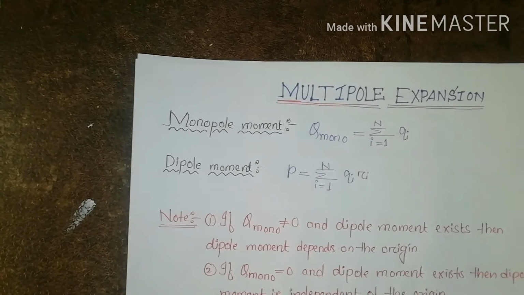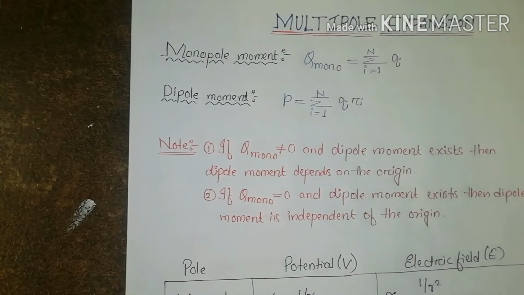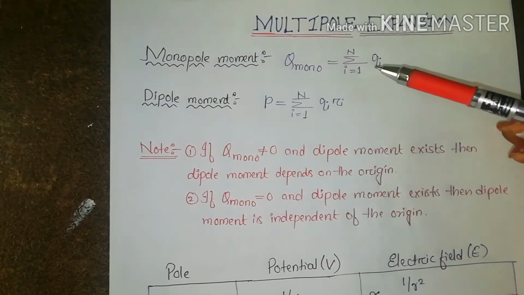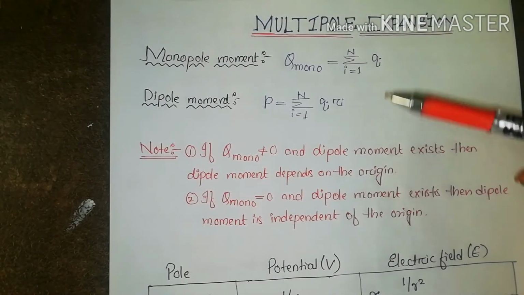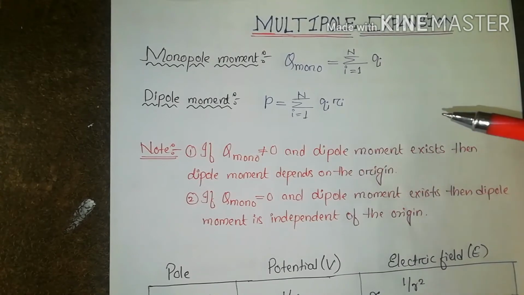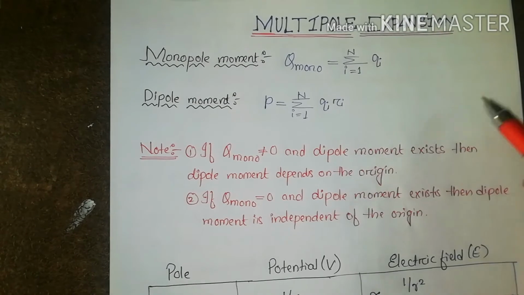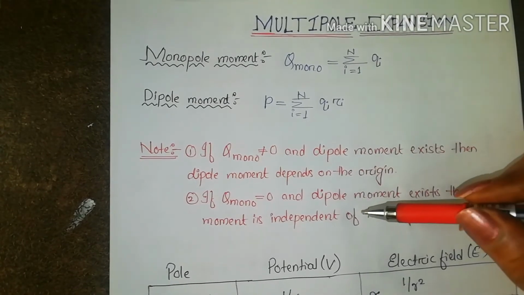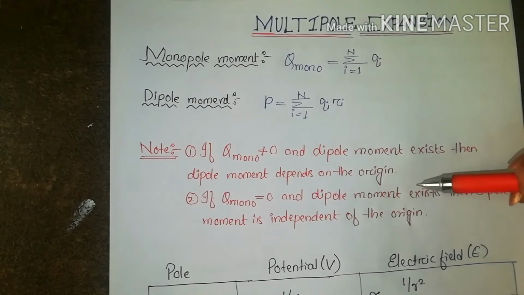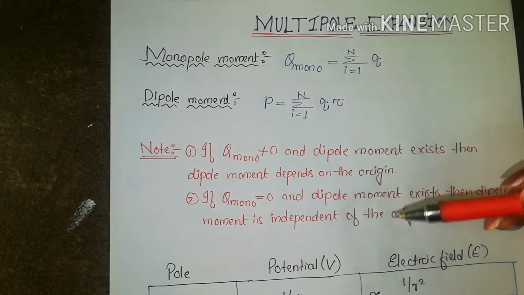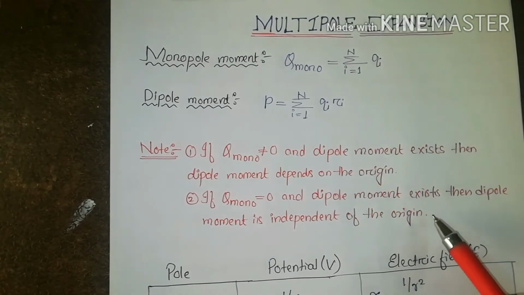Okay, so one important thing we have to know is that if Q mono is equal to 0, and if the dipole moment is existing, then the dipole moment is independent of the origin, meaning we can shift the origin. The shifting of origin will not create any change in the dipole.